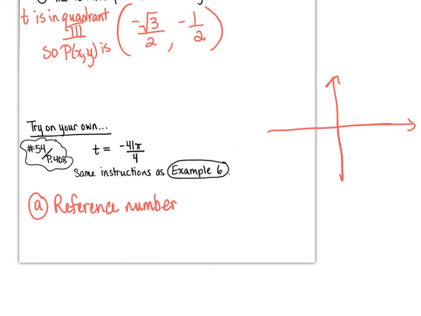Now we go here. Careful, we're going in what direction? Negative. So this is negative pi, which is the same thing, since we're thinking of denominators of 4, as negative 4 pi over 4.